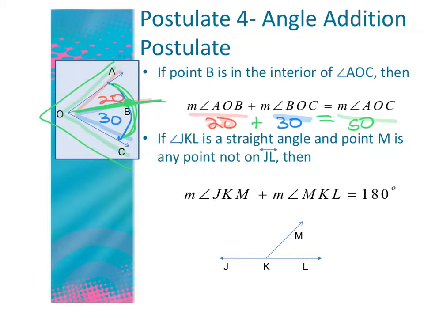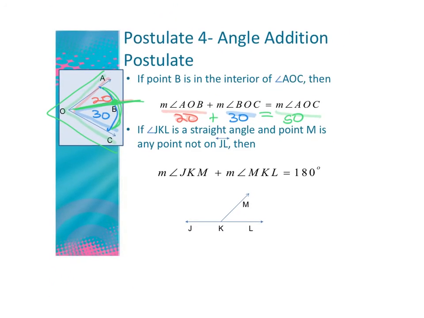Same thing if you have a straight angle. And if you have a point, and they're calling it here point M, that's not on the straight angle. So here's my straight angle. And if I have a point M that's not on it, I can now make two smaller angles. And I can say here that JKM plus MKL equals 180 degrees.